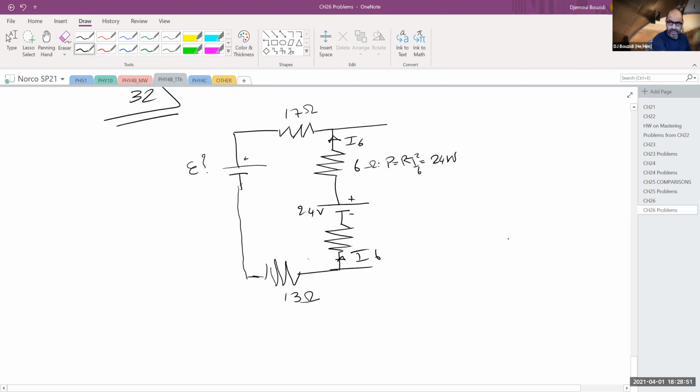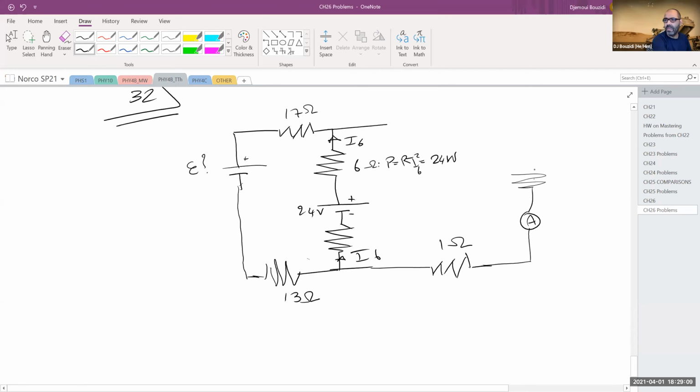Now we have another loop on the other side where we have 1 ohm, first of all, sitting by itself in here. And we have an ammeter. Okay. And we have a 19 ohm resistor.